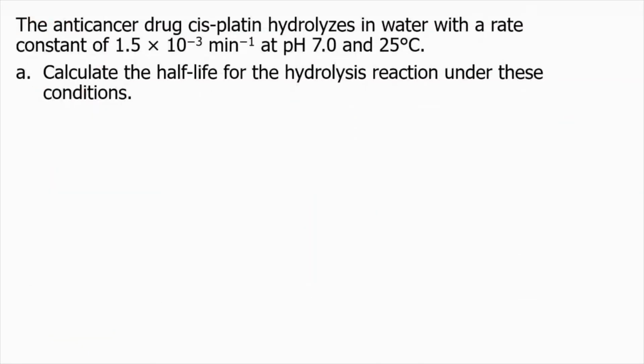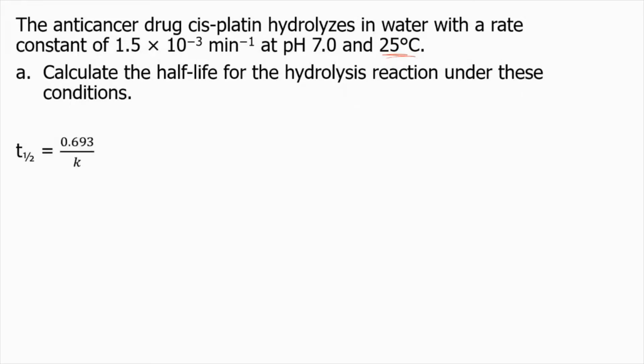So the anti-cancer drug, and I'm not even going to try and pronounce that, hydrolyzes in water with a rate constant of 1.5 times 10 to the minus third minute to the minus 1 at a pH of 7 and 25 degrees Celsius. So this is all data we collected experimentally. Let's calculate the half-life for this particular drug under the conditions provided, a pH of 7 and 25 degrees Celsius.